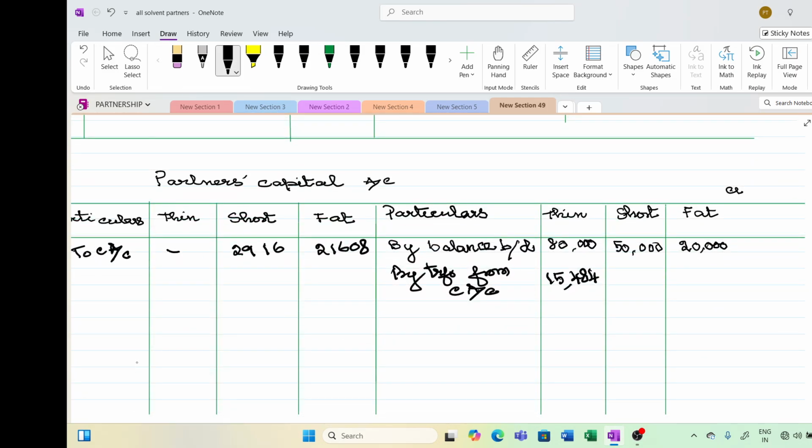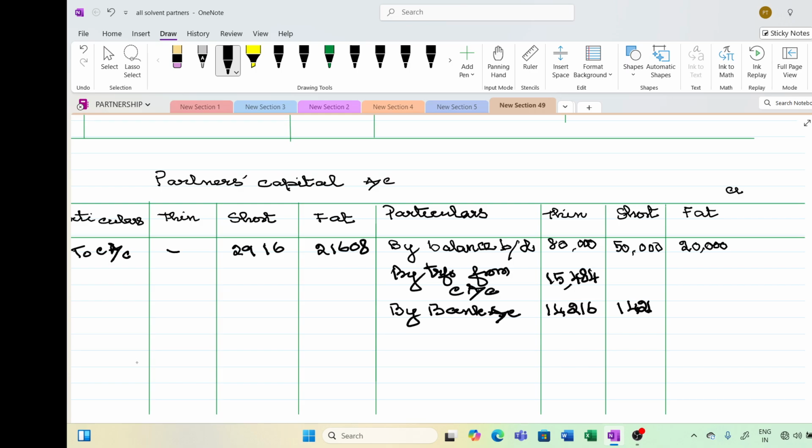So I am going to write here, by bank account will get debited and their capital account will get credited. By bank account, both of them will bring their realization loss, that is 14216 and 14216.